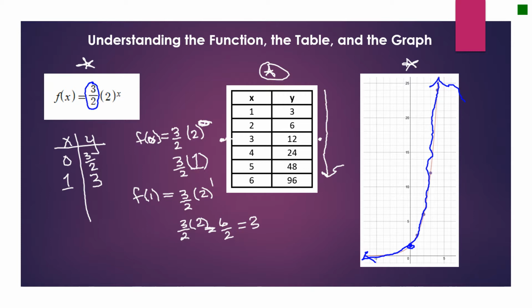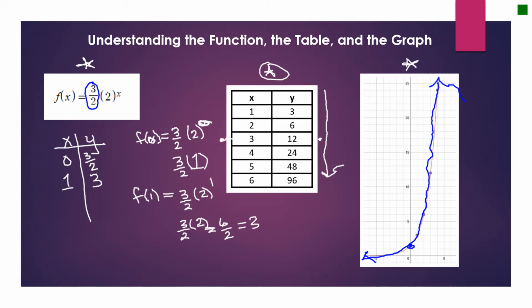If I plug a 1 in, we just plugged in 0. If I plug 1 in for x, this was f of 0, f of 1 would be 3/2 times 2 to the power of 1. Well, 2 to the power of 1 is 2, so 3/2 times 2 would be 6/2, which would equal 3.